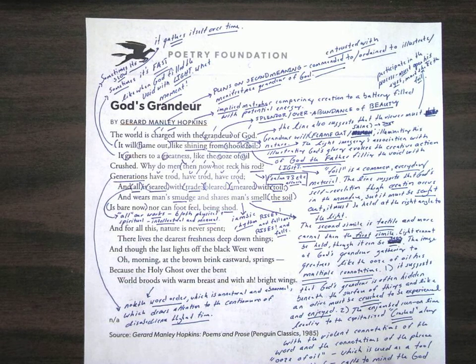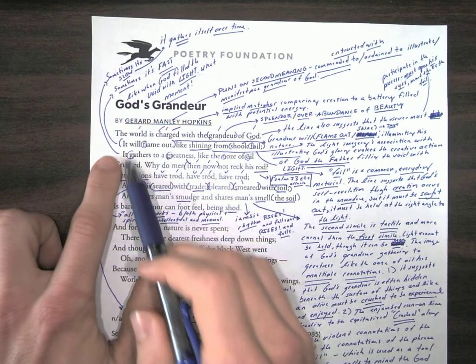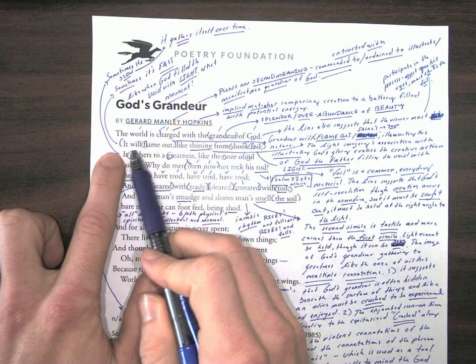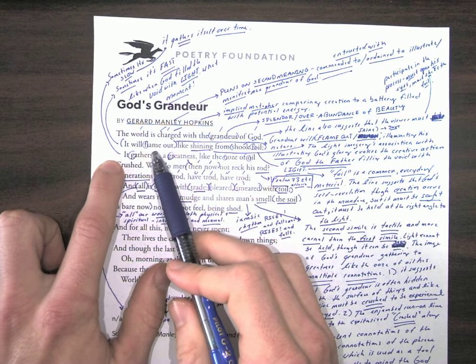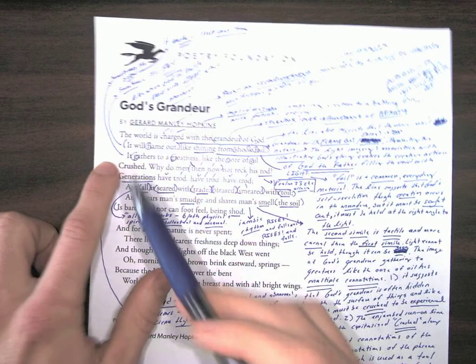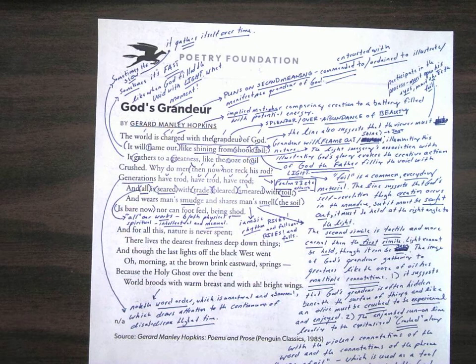Okay, the first way that the speaker says that the world illustrates or manifests the grandeur of God is that it, meaning the grandeur of God, will flame out. On the most basic level, that's an image of it, just like sometimes the grandeur of God is manifested quickly, just obviously.